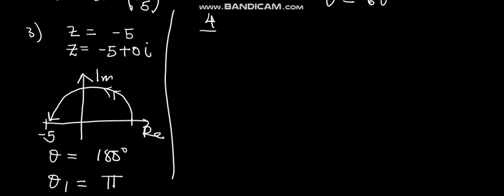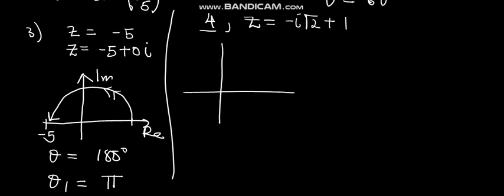It is telling us to find the principal argument of z, which is -i√2 plus 1. So the first thing is we have to sketch, and our real axis is having 1, and the imaginary axis is having -√2.